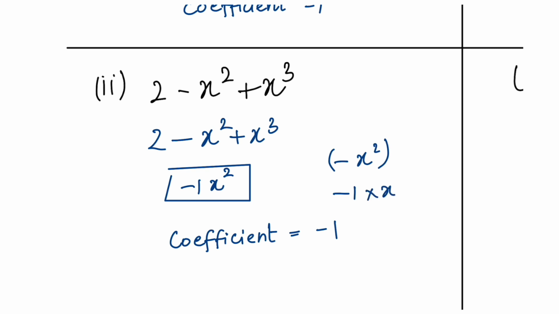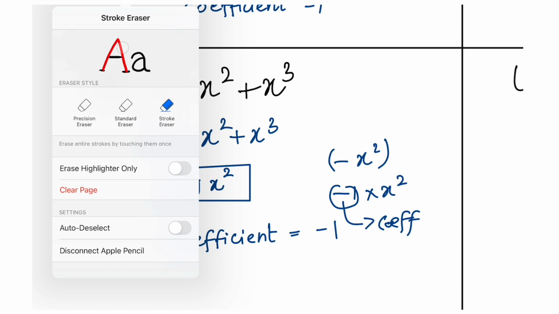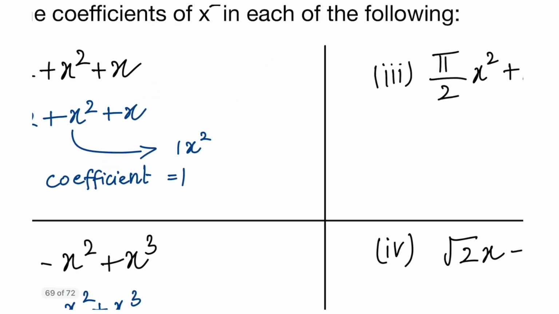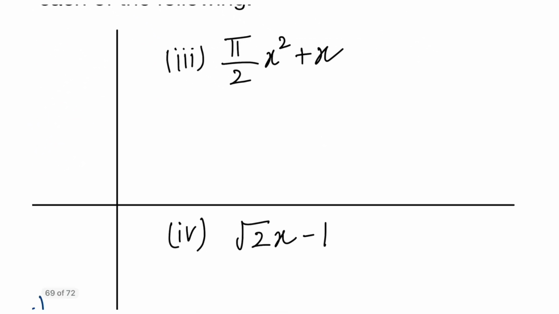Minus 1 into x squared is how we can write it, and this minus 1 part is your coefficient, right? So always have this in mind. Variables are not going to carry the symbols. Only coefficients are going to carry the symbols. So while picking out the coefficients, see if it is a negative term and work accordingly.